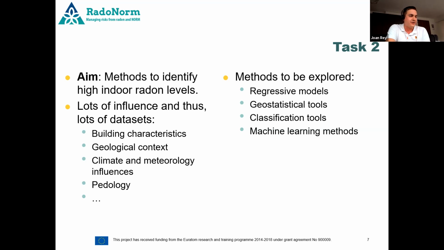So far, through the literature, I have already found some broad categories of methods: regression models, geostatistical tools, classification tools, and machine learning tools. In the next years, we will go through these methods with all the partners of subtask 2.4 to identify which method is the optimal one to predict high indoor radon levels.